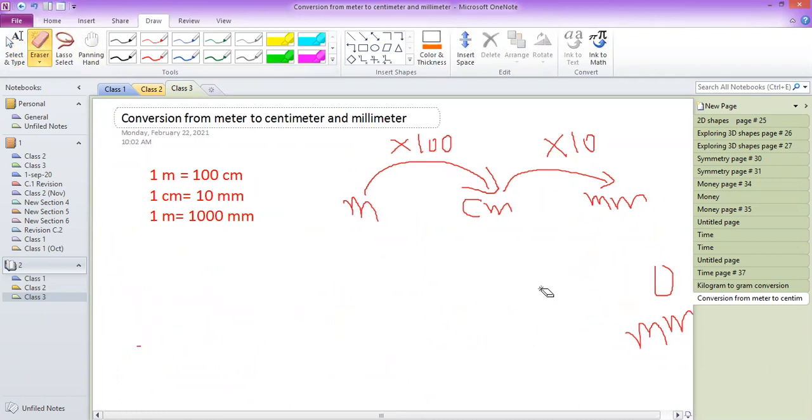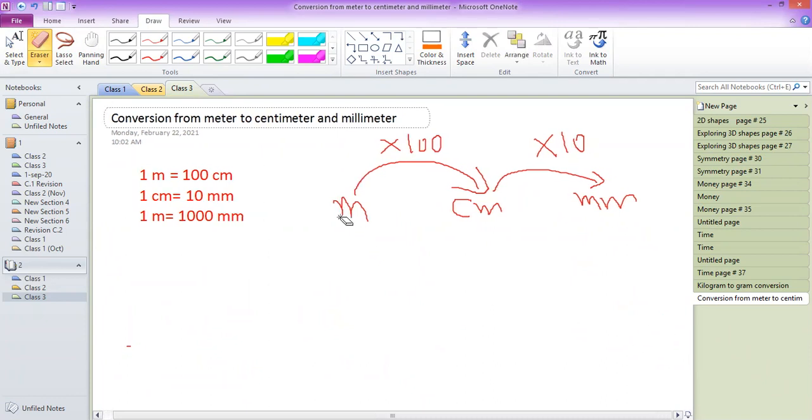So guys, you know the conversion. If the value is given in meter, we multiply by 100 to find out the value in centimeter. If the value is given in centimeter, in order to find the value in millimeter, you multiply it by 10. For finding out the value from centimeter to meter, you will divide it by 100.